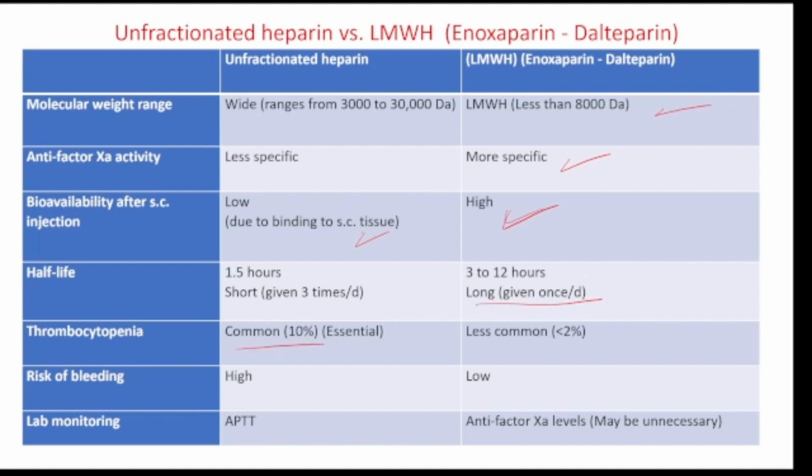Thrombocytopenia, common, maybe 10%, less common 2%. Bleeding, high risk of bleeding, low risk of bleeding. We need to monitor activated thromboplastin time. Here it is unnecessary, but we can monitor or measure anti-factor 10A.